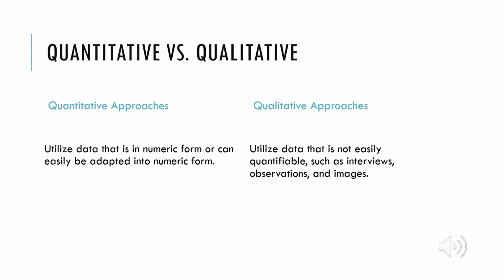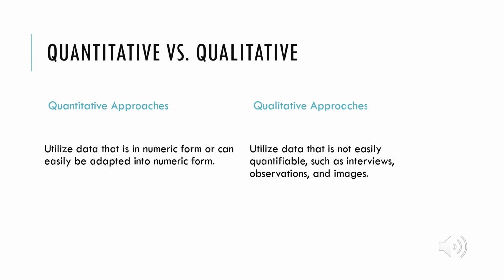All right, we have arrived at our final concepts for this brief overview of sociology that will serve as a foundation for the course and our work together, and that is the quantitative and qualitative approaches. So if you recall previously, one of the key characteristics of sociology is that the discipline utilizes research, data, and observations to inform the body of knowledge that we have.